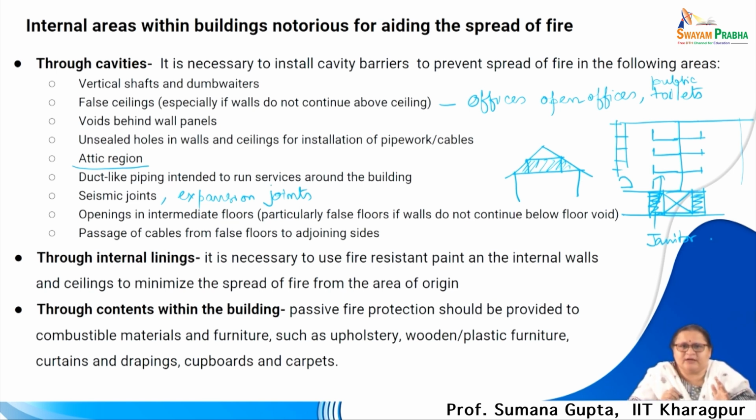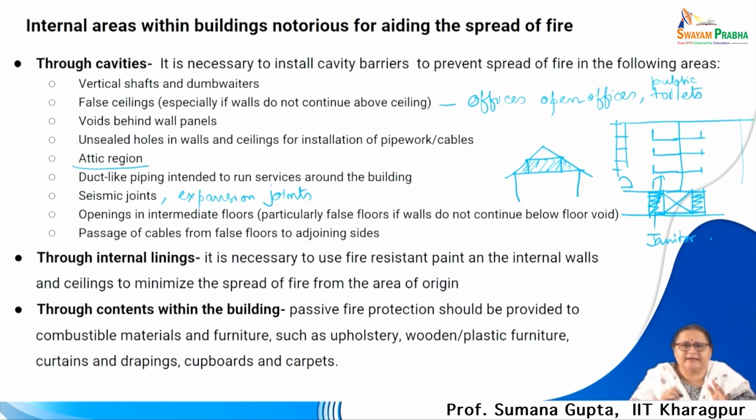So, what we learned here is cavities may be anywhere in a building. So, we cannot overlook or neglect any cavity in any form which can be a way for the smoke or the fire to propagate largely. Internal linings, as I have talked about, paints, curtains, wallpapers, they can get ignited very easily.